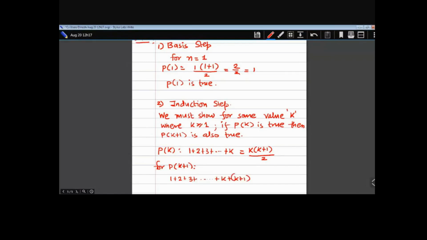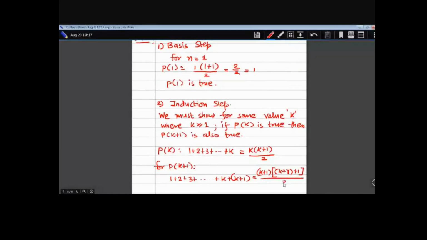This is up to k and then k plus 1, because we are having the value of n as k plus 1. And what will be the equation on the right hand side? Instead of k, we'll have k plus 1 into k plus 1 plus 1 whole divided by 2.